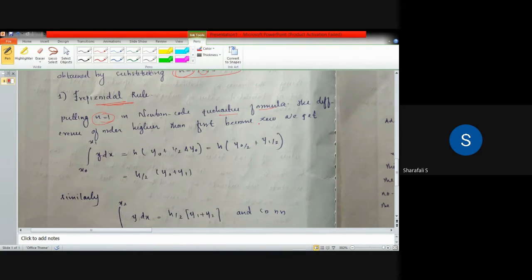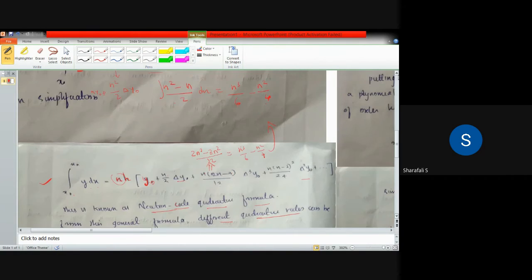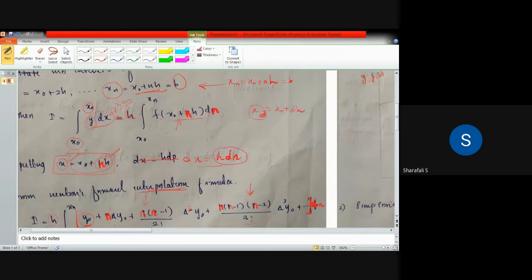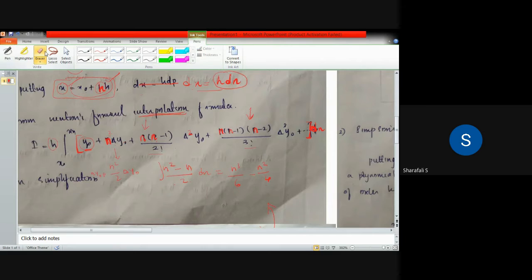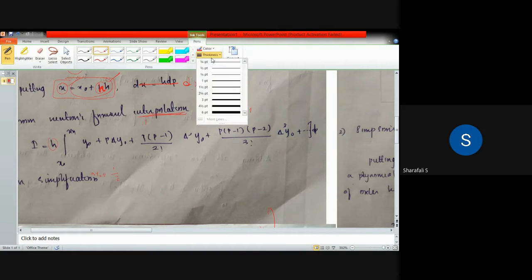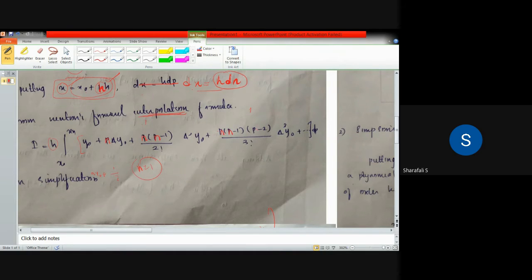If you substitute n equal to 1 here in this equation, for example for this first integration equation, you can see this. For n equal to 1, all these are n now.